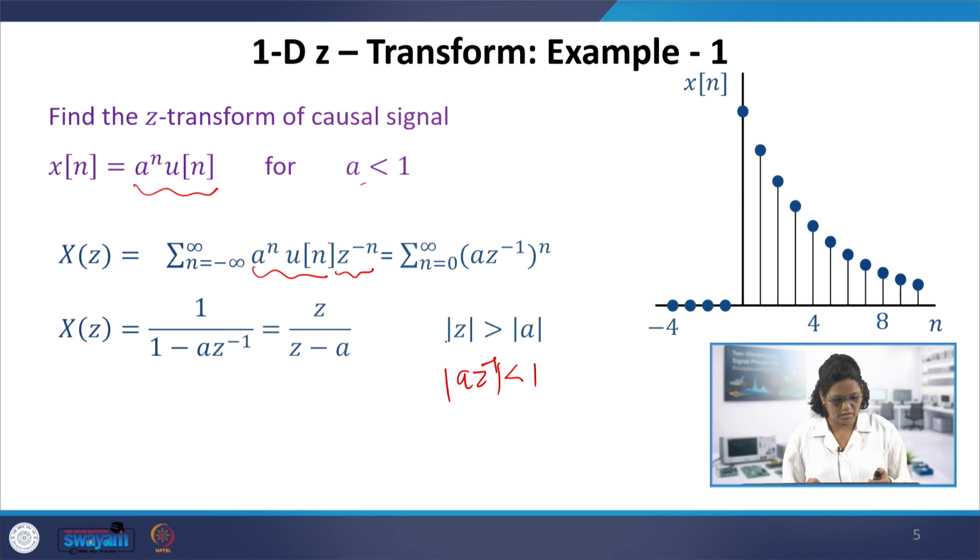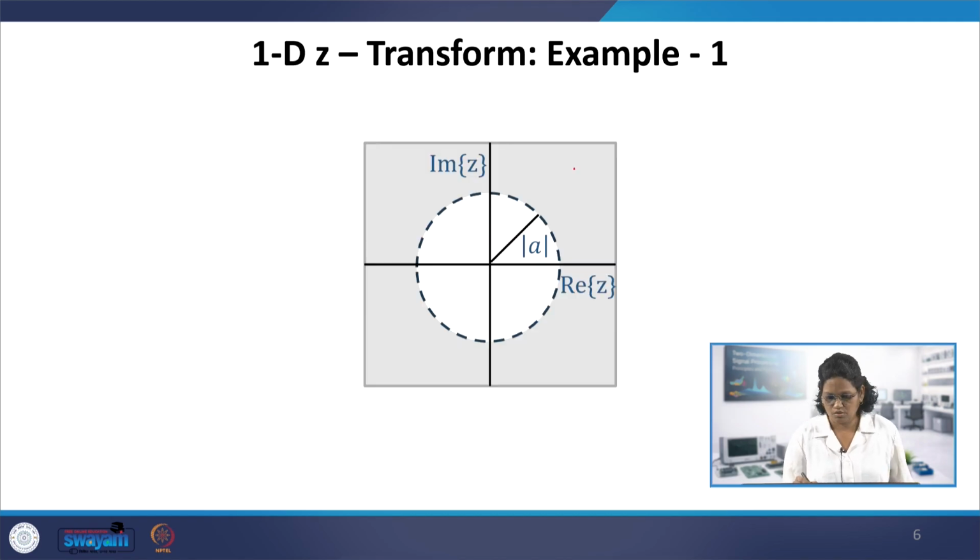So the region of convergence, let us look into it. In the Z plane, with the real of Z and the imaginary of Z axes, there is a unit circle. This a is less than 1, as we said, so the unit circle will be somewhere outside a. So if we consider a less than 1, the magnitude Z equal to a is this circle, having the radius a.